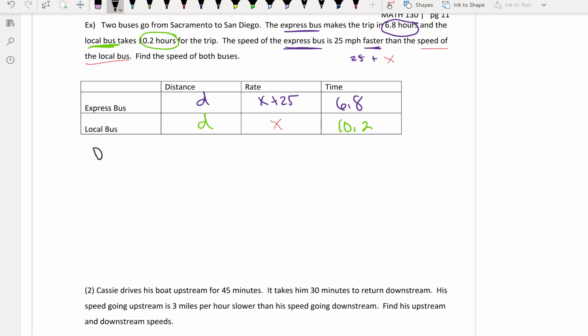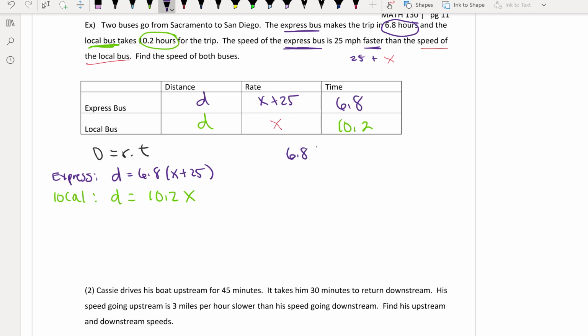So I know that distance is equal to rate times time. So for the express bus, I have that distance is equal to 6.8 times x plus 25. For the local bus, I have that my distance is equal to 10.2 times x. Since they are exactly the same distance, I set each equation equal to each other.